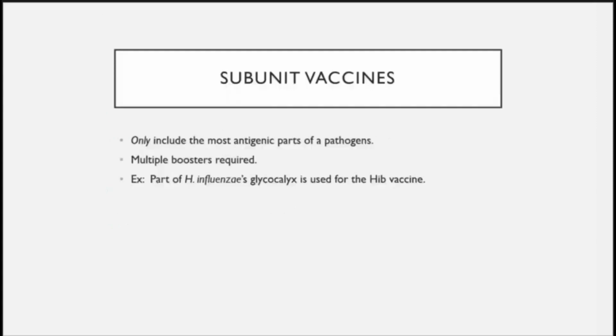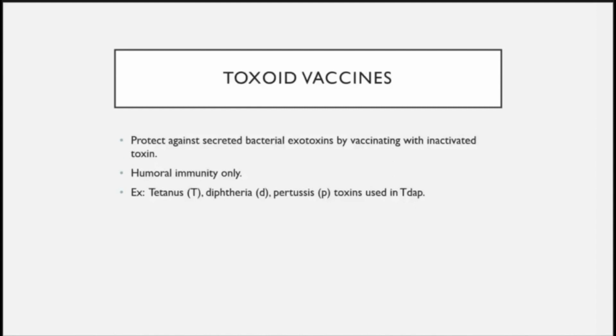Subunit vaccines only include the most antigenic parts of a pathogen, and they typically require multiple boosters. An example of this might be H. influenzae's glycocalyx, which is used for the HIV vaccine. Toxoid vaccines are really interesting.